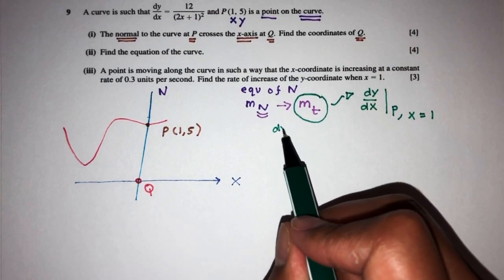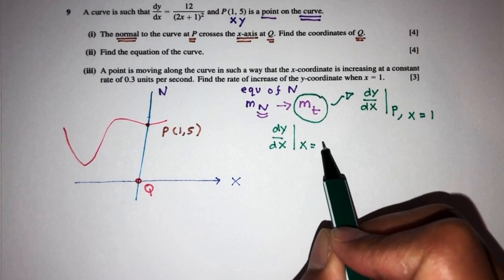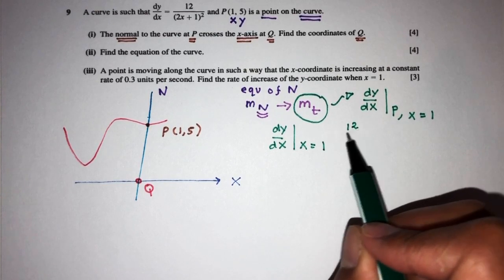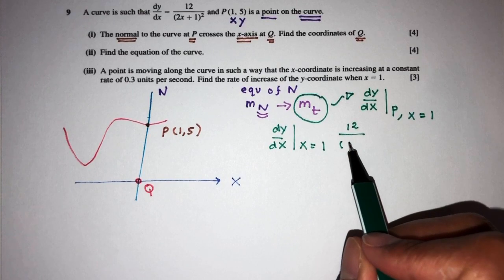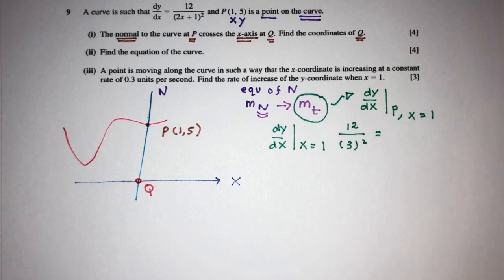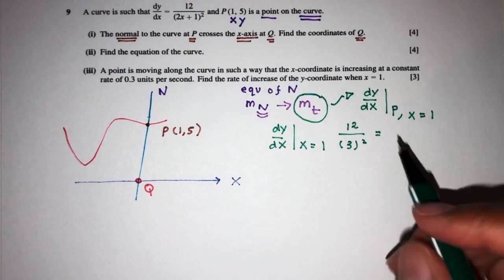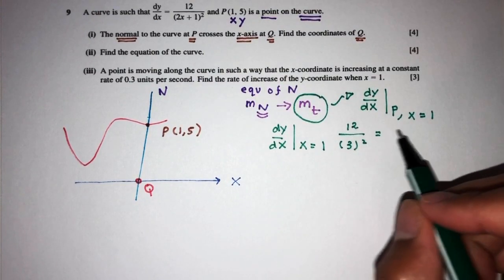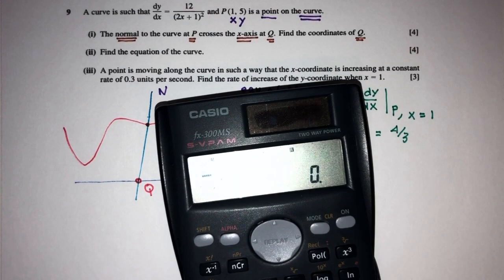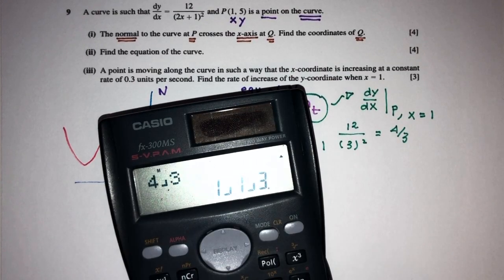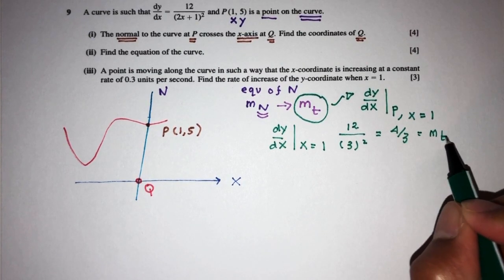So dy/dx when x is equal to 1 will be what? 12 over (2 times 1 is 2, plus 1 is 3) squared. That will be 12 divided by 9, so that will be 12 over 9, divided by 3. That should be 4 over 3. Right. So 4 over 3, I think, yeah, exactly. Now, this is the gradient of the tangent.